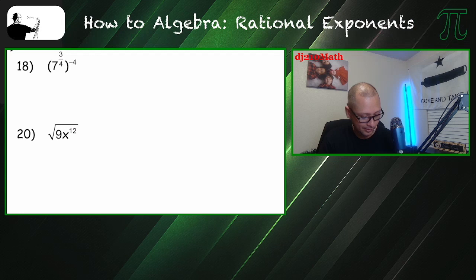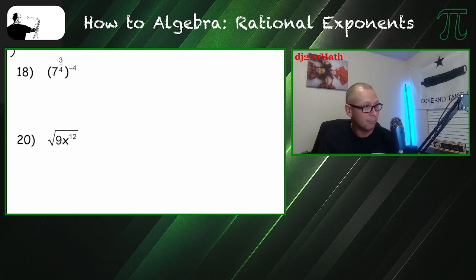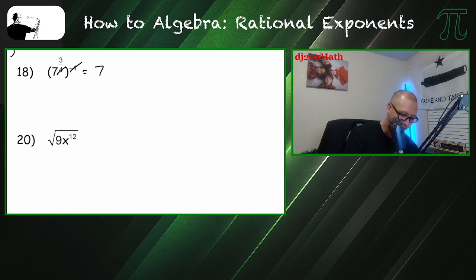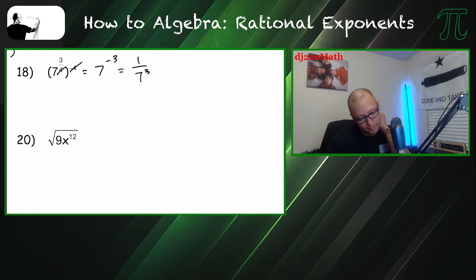Okay. 7 3/4 raised to the negative 4 power. So when we can multiply the exponents, and this is going to cancel, making 7 to the negative 3, which is going to force the 7 into the denominator.